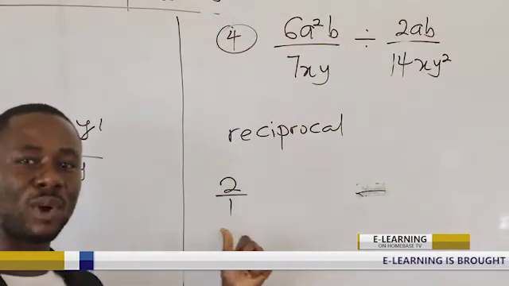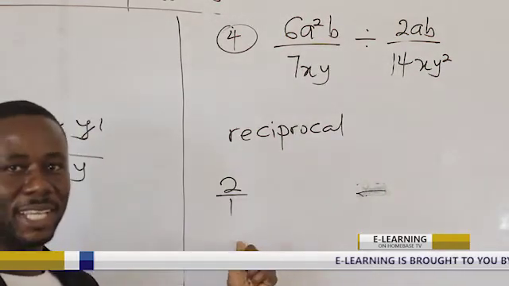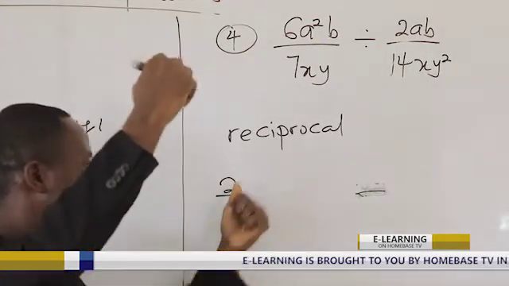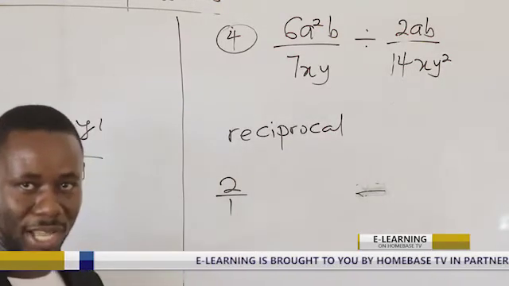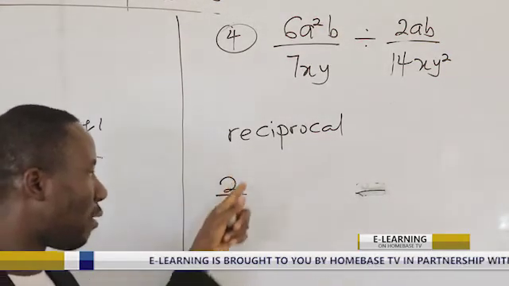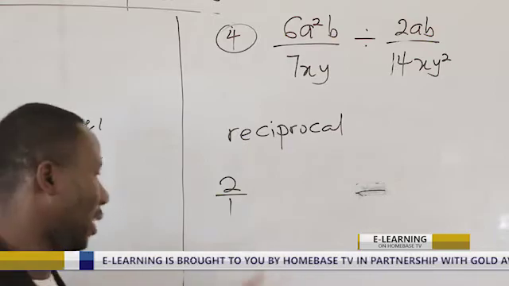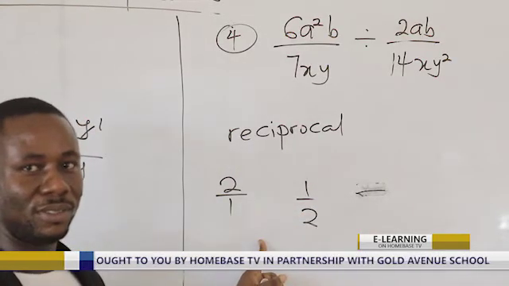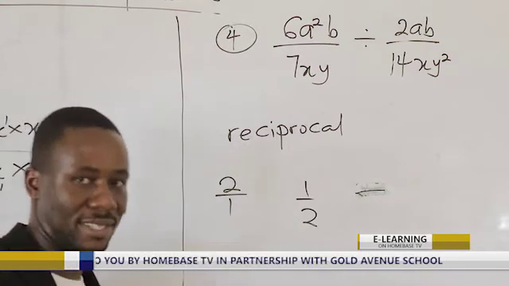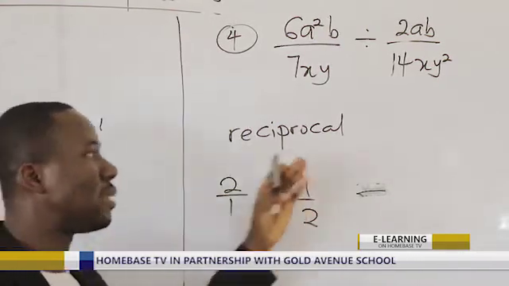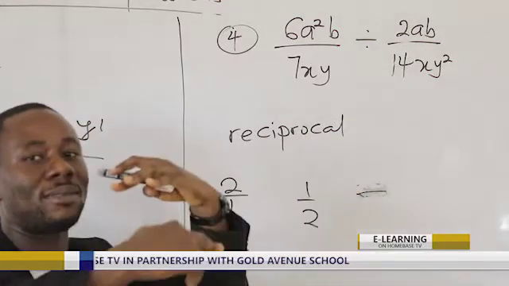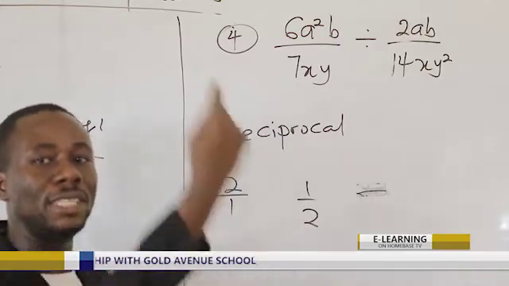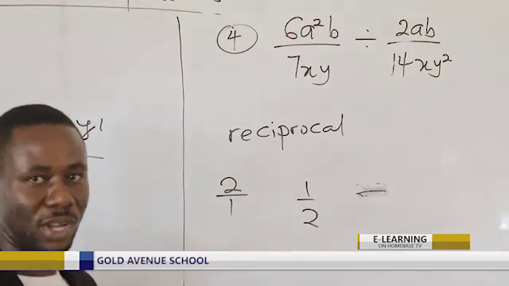So if I want the reciprocal of this, it means I'll turn it upside down. The denominator will now become the numerator, and then the numerator will now become the denominator. So the reciprocal of this is 1 out of 2. So if you are being asked to reciprocate, it means you turn the fraction upside down. Good, I hope you got that.